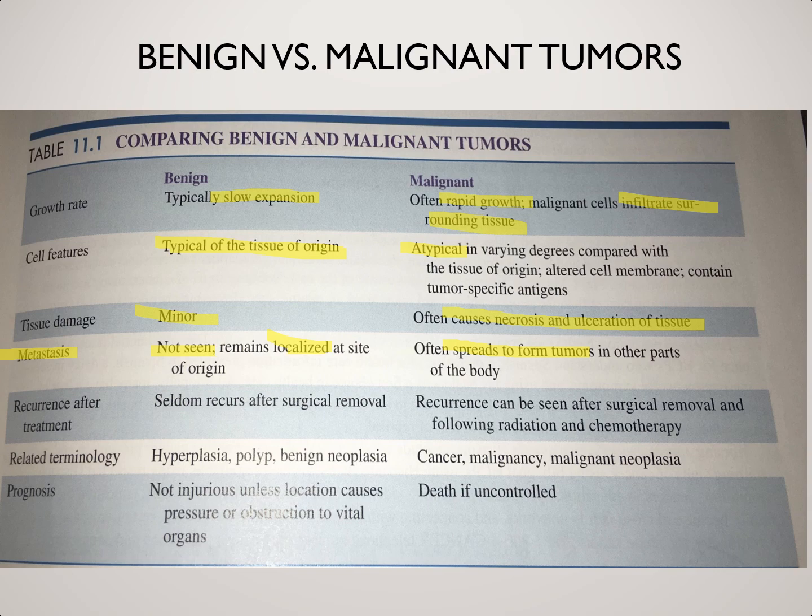Your benign tumors seldom reoccur after they're surgically removed. It's called an excision. Malignant tumors, however, are more prone to reoccur even after surgical removal and following radiation and chemo.